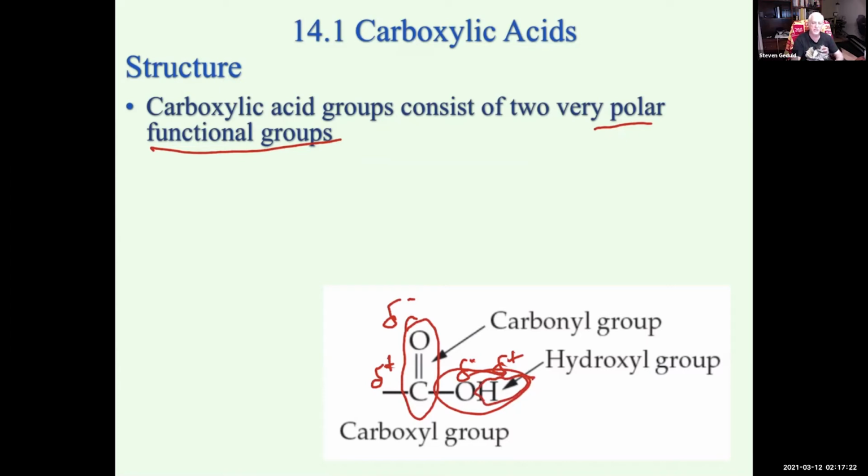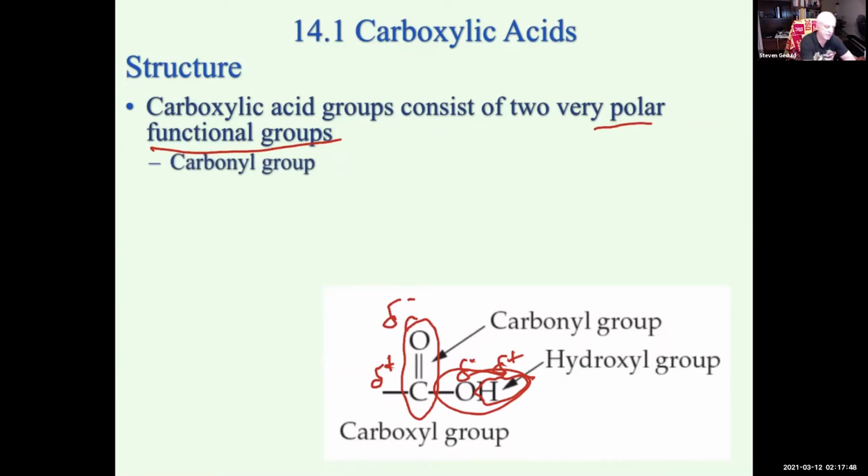So carboxylic acids are going to be more soluble in a polar compound like water than even alcohols are, because they have 2 groups that function as polar groups, along with hydrogen bonding. So they're going to have higher melting and boiling points, since they're held together tighter. And they're going to be more soluble in water or other polar compounds.